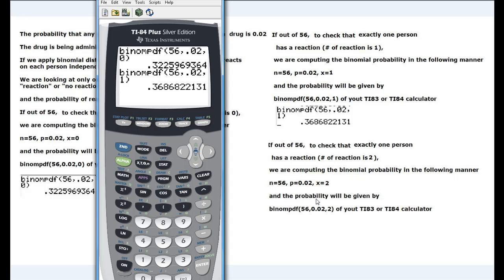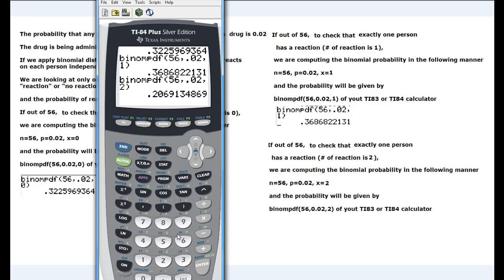So we go back either via second, distribution or via second, entry. Once you get faster with this, you can do it faster. The answer for this is 0.20691.